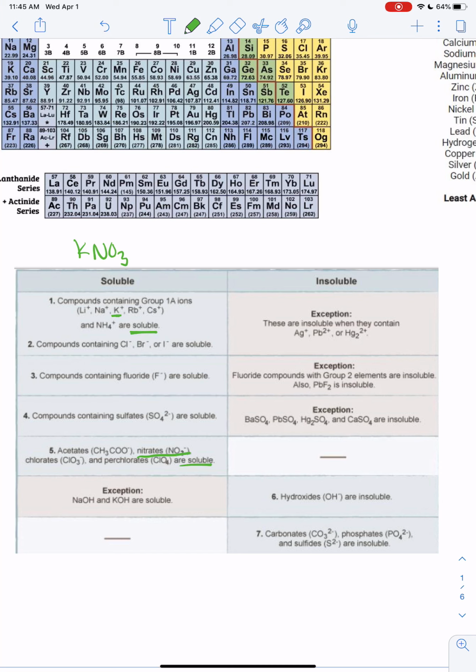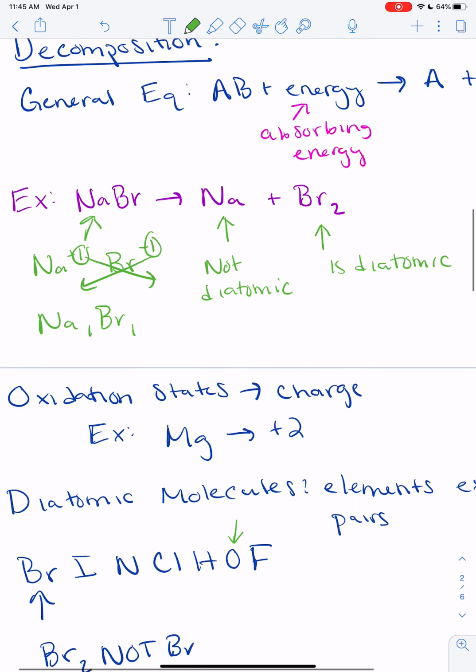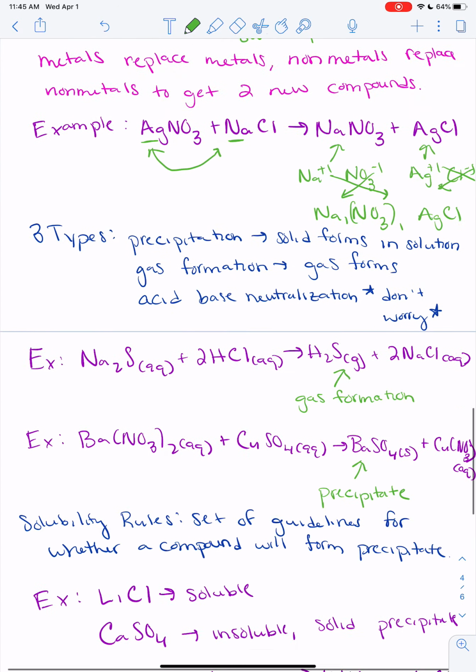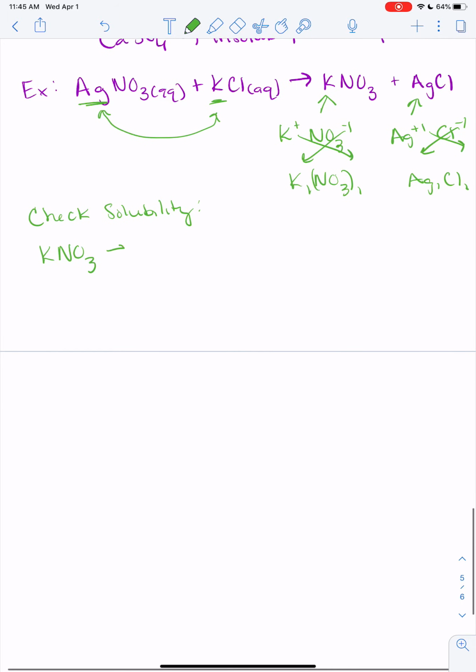Nitrates are soluble, no exceptions here. The exception here is about silver, lead, or mercury, which we don't care about. So this is going to be soluble, so its state is going to be aqueous, AQ. Let's go back down. So this is aqueous.